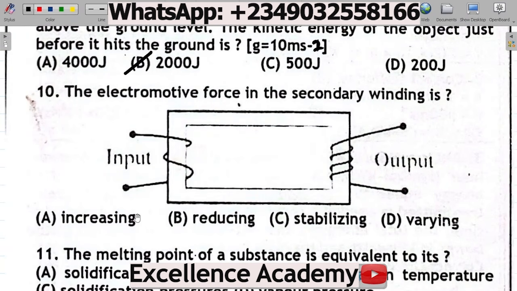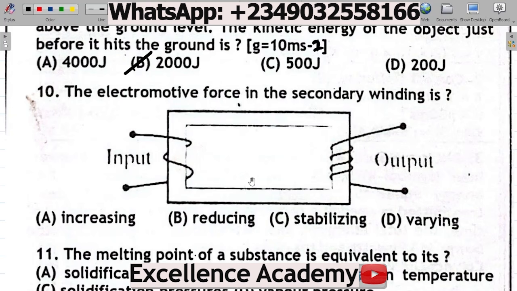A, they said increasing, B, reducing, C, stabilizing, and D, varying. So for this question, what is the correct answer? Now, you want to know that what you have here is a transformer, and transformers operate on AC, that's alternating current. And you want to know that an AC is constantly changing direction and magnitude.